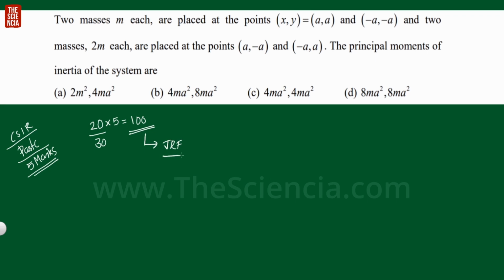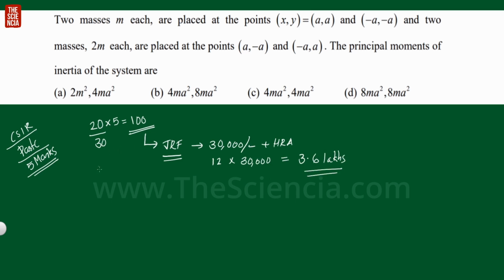And if you qualify for JRF, you get 30,000 per month plus HRA. In a year there are 12 months, so you get around 3.6 lakhs.